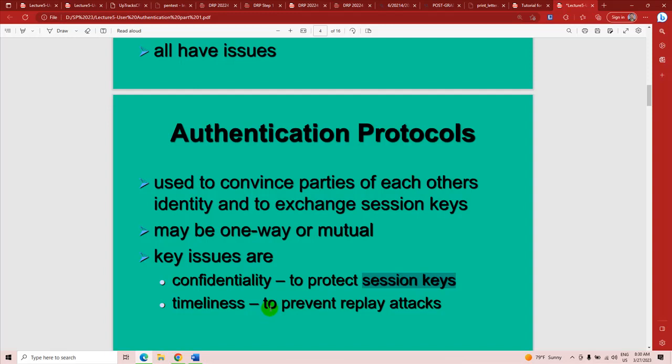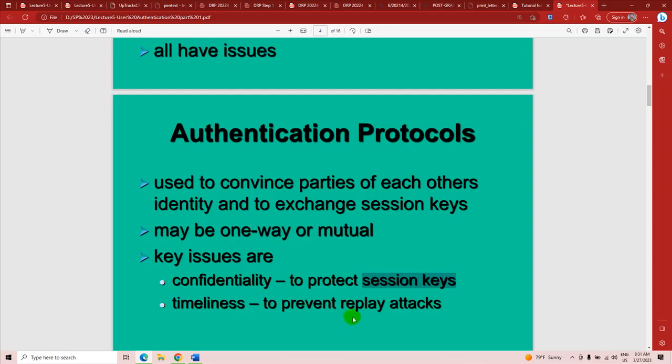Okay, so in any message when you send between systems, the time should be specified, a timestamp, and also you have to specify how much time this message is valid. So if any attacker captures the message and sends it very late to the target machine as a replay attack, this can be detected by checking the timestamp and also the validity, how much time this is valid.